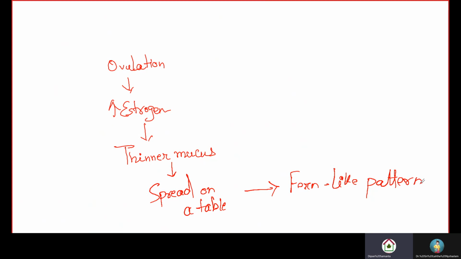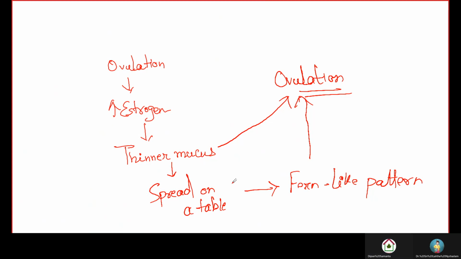And both thin mucus and fern-like pattern suggest that ovulation has taken place. Both of these features suggest that. Okay, and if pregnancy occurs after ovulation, then this thin mucus and obviously fern-like pattern disappears in pregnancy. Only in ovulation.